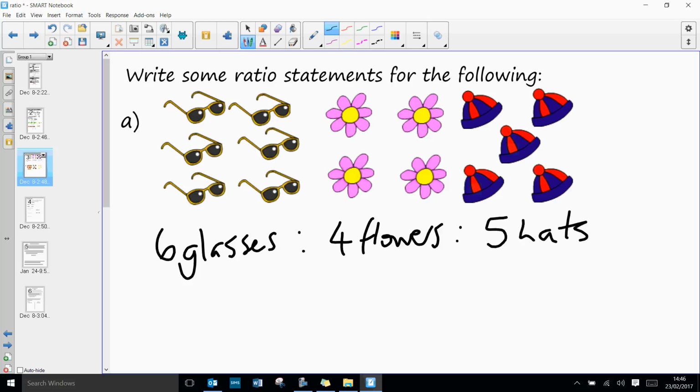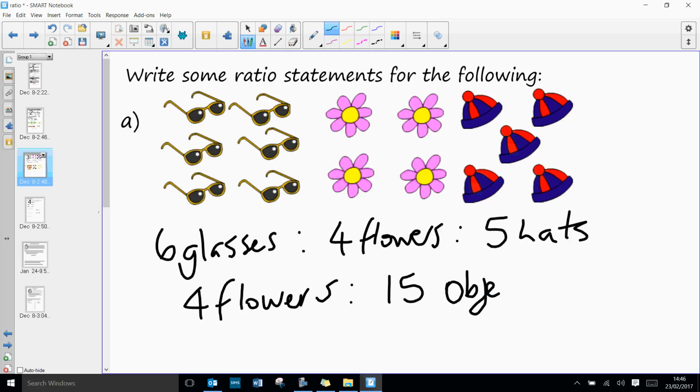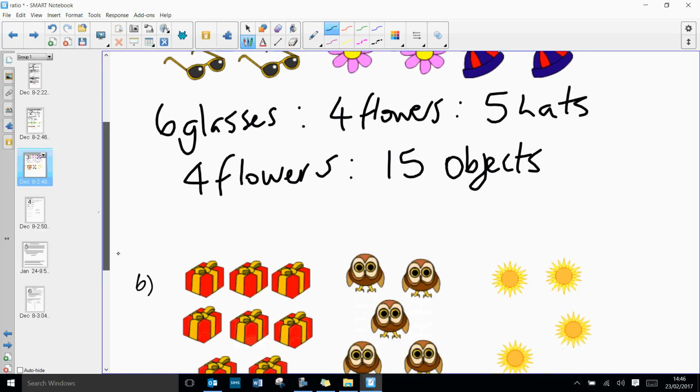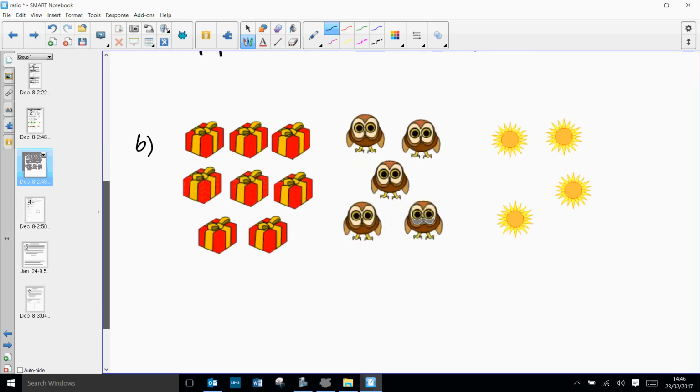We could have 4 flowers to 15 objects. So that's the number of flowers to the number of objects in total. Different ways of writing them. You can choose what you would like. Similarly with this page here.